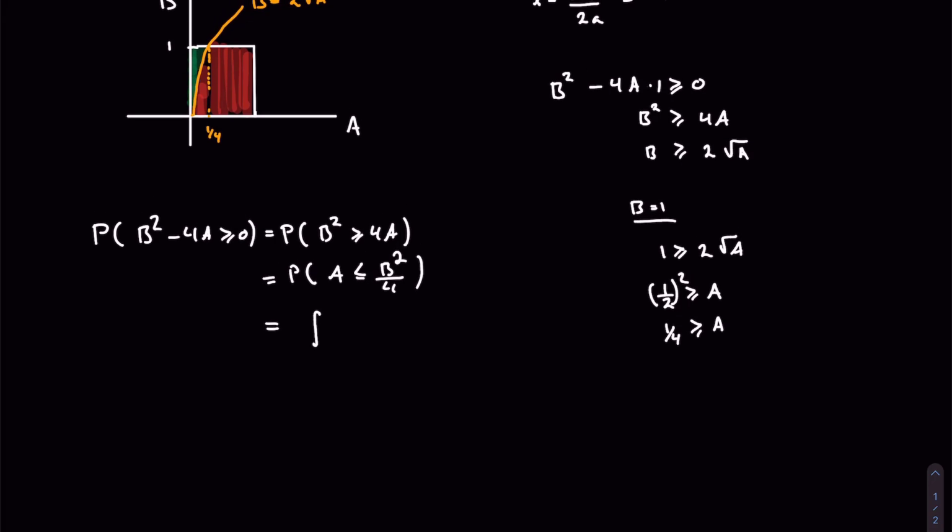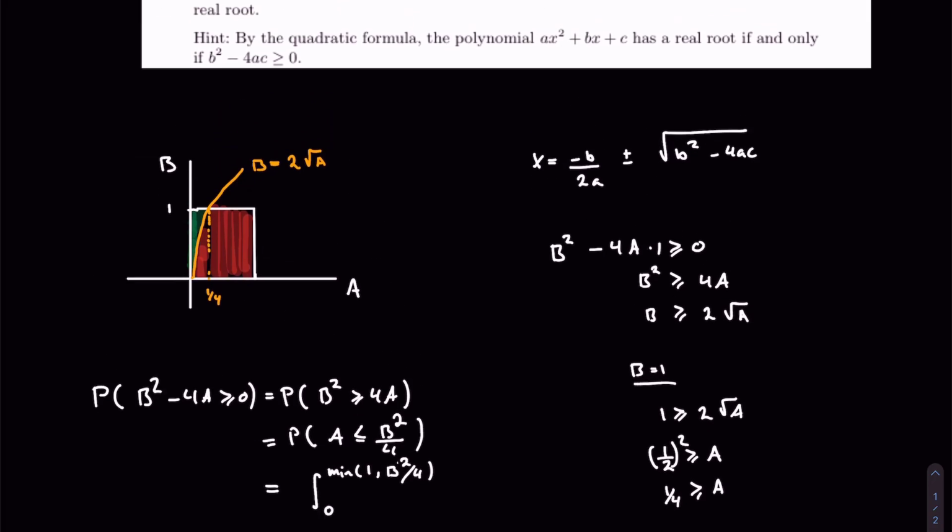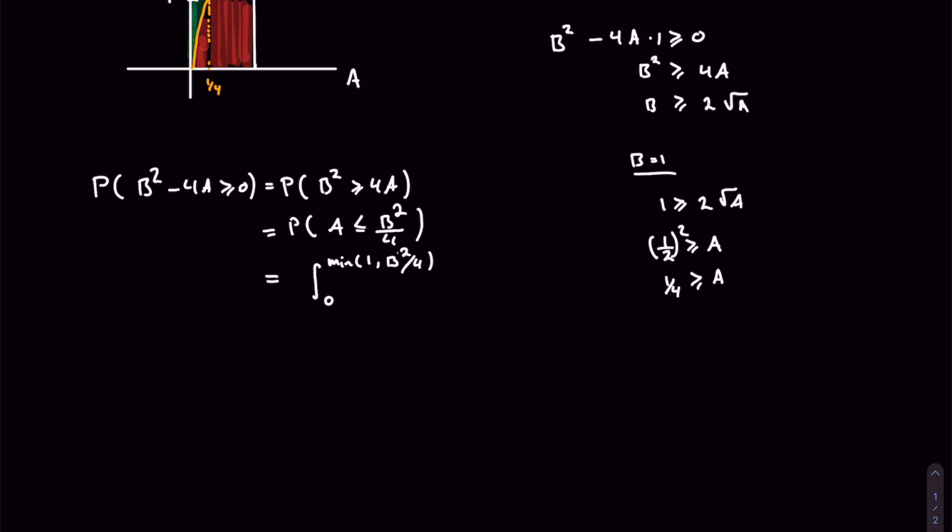We know that this function starts at 0 and it goes up to either it will hit the limit of this function, or the limits of our support, which is where b equals 1, and therefore we have to rewrite this as the minimum of 1 or b squared divided by 4.